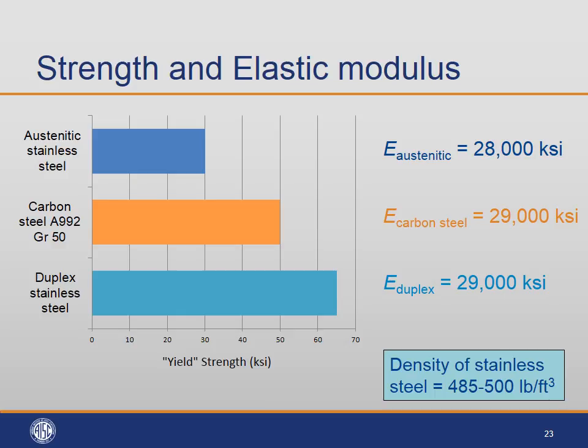And I've also added on this slide, because we were asked this last week, that the density of stainless steel is very similar to the density of carbon steel. It varies a little between the austenitics and the duplexes, but it's all between 485 and 500 pounds per foot cubed.